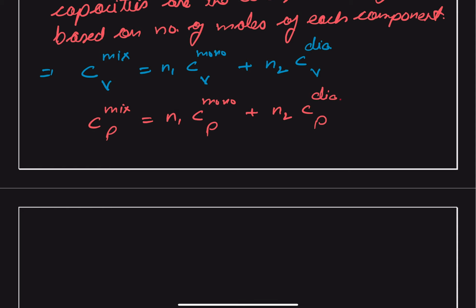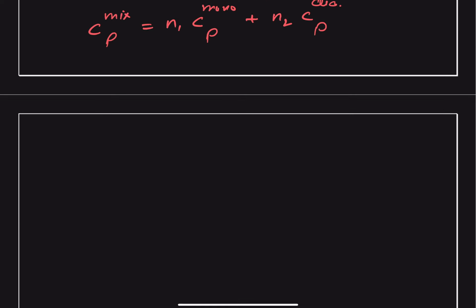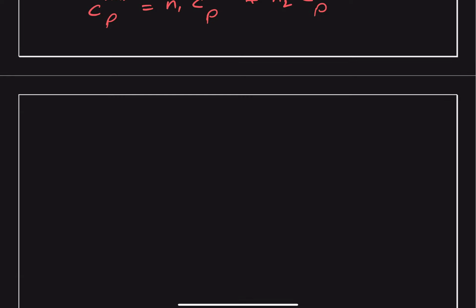And the effective adiabatic index, which we can call gamma mix, will be equal to Cp for the mixture divided by Cv for the mixture.